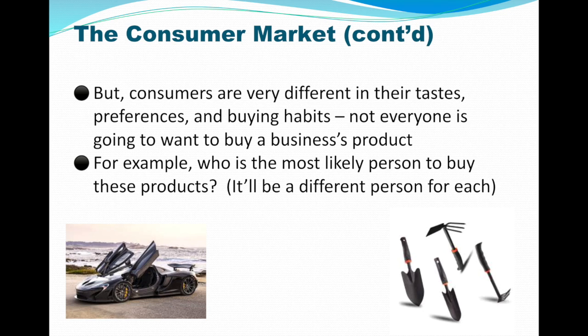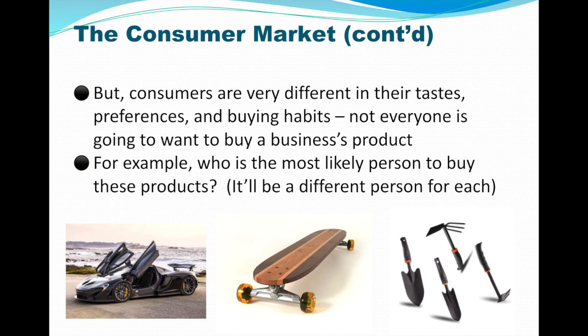And so companies expend a great deal of energy trying to figure out what the buying habits of their consumers are going to be. For example, for all three of these products down here, there's a very specific type of stereotypical person that will buy these products. Just by looking at them, you can probably guess some characteristics about the people who are buying these products.